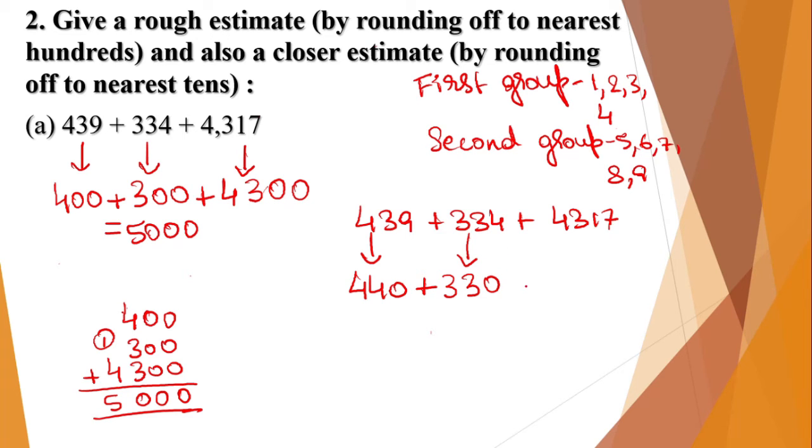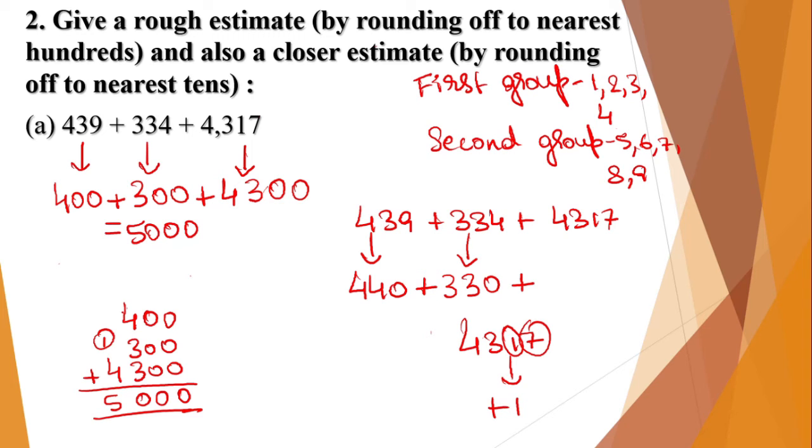Now the operation is add here, and we have 4317. Now here we should circle 1 because 1 is in the tens place, and circle 7 because it's next to 1. And we can say that 7 is in the second group. So if the number is in the second group, we will add 1 to the first circled digit, which is 1 here.